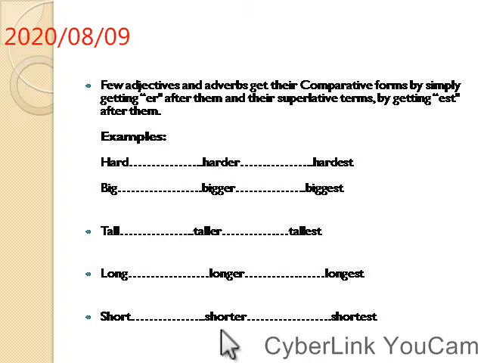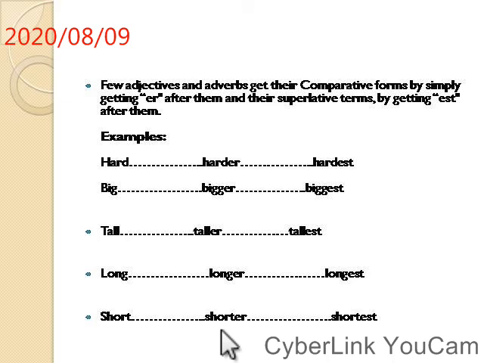Hyderabad is one of the most beautiful cities in India. Hyderabad is one of the most beautiful cities, not the most. It is one of the most beautiful cities in India. This is superlative degree.